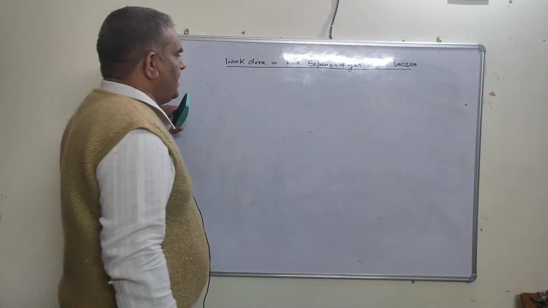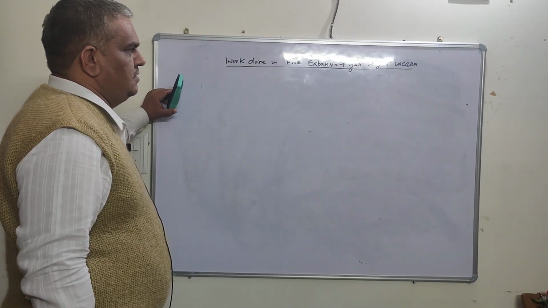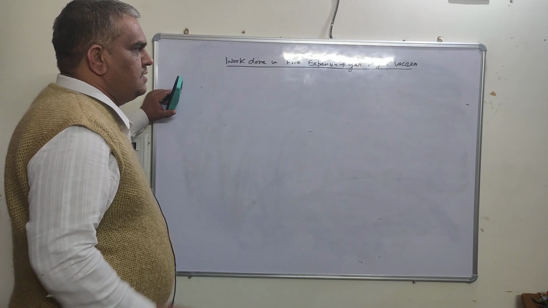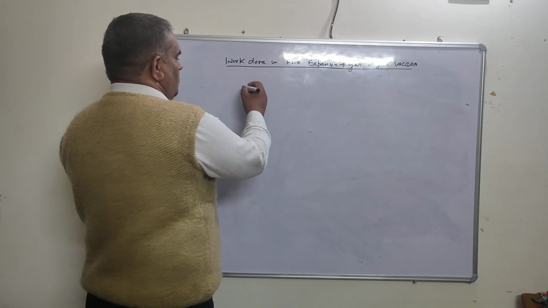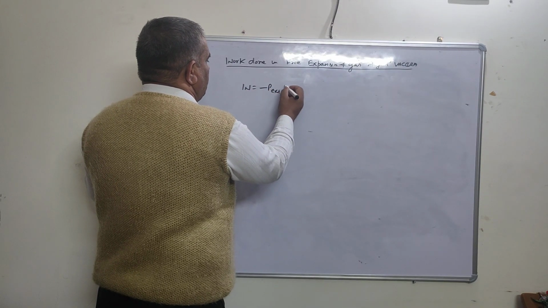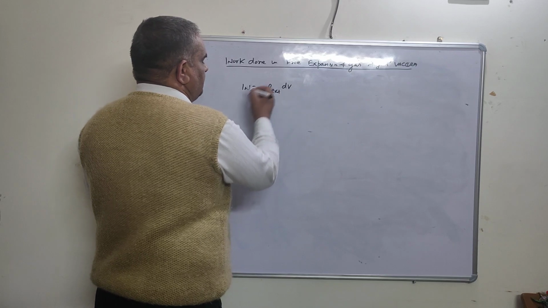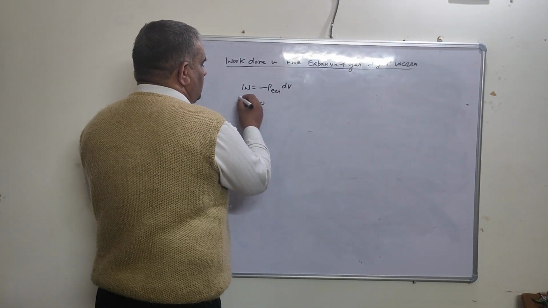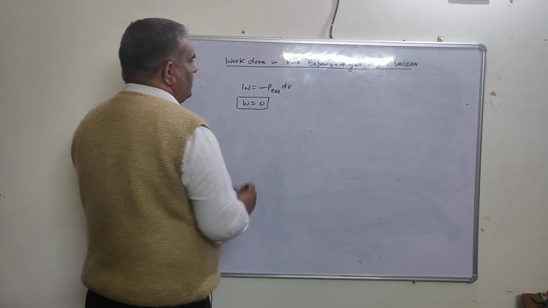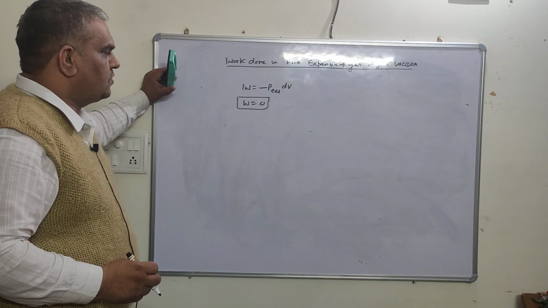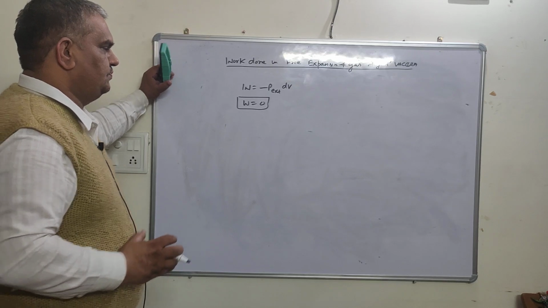When gas is allowed to expand against vacuum, the external pressure is 0, so W equals minus P external dV, and since the external pressure is 0, the work done is 0. So we can say that in free expansion of gas against vacuum, work done is 0.